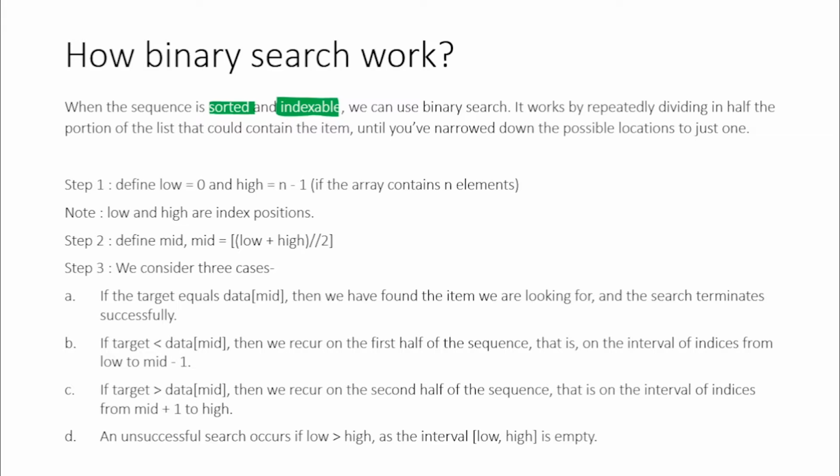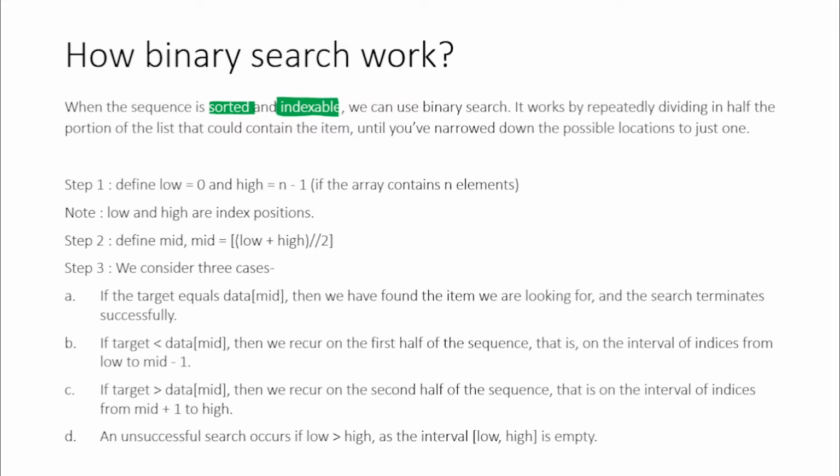In step 3, we consider 3 cases. If the target is equal to the data present in the mid index position, then we have found the item we are looking for and the search terminates successfully. If the target is less than the data value present in the mid index position, then we recur on the first half of the sequence, that is on the interval of indices from low to mid minus 1.